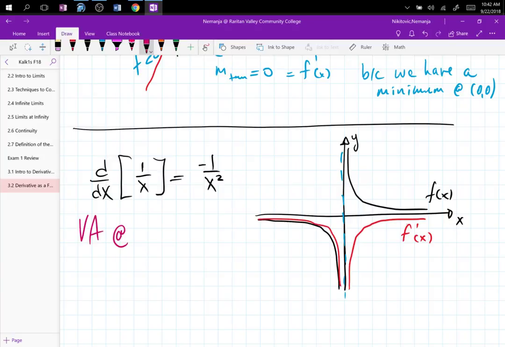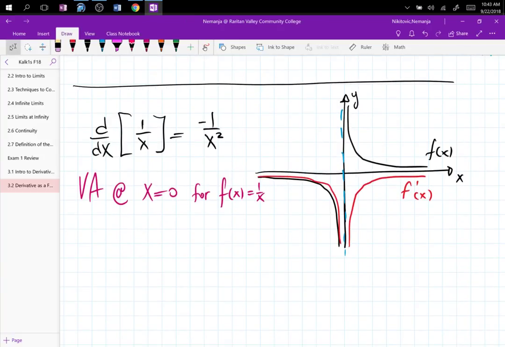VA at x equals 0 for f of x equals 1 over x. This example is supposed to teach us that when you go from function to derivative, the vertical asymptote location is preserved.